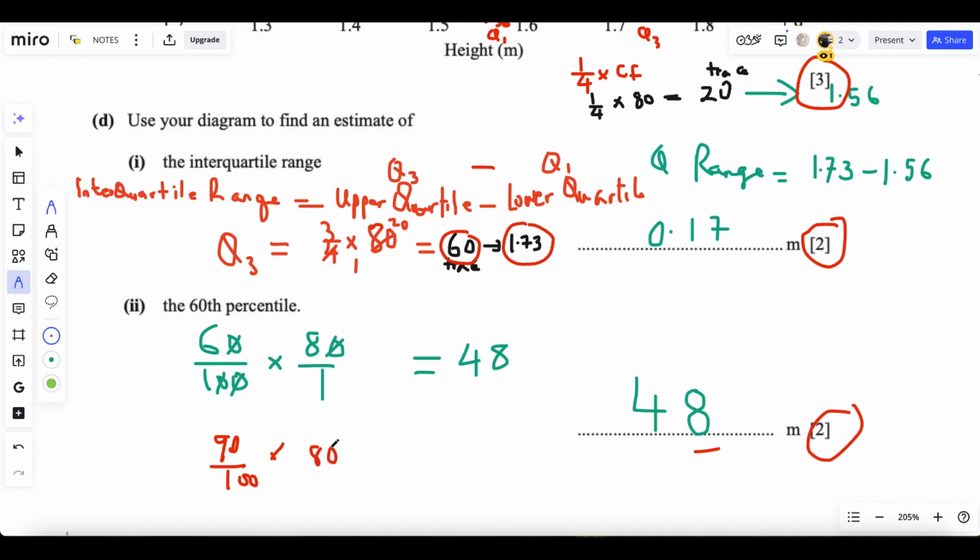They only change the values. The scope of the question will change, but the topic remains, and most of the time the nature of the question remains. 9 times 8 would have been 72 if it was the 90th percentile. But the question says 60th percentile, so our answer is 48.